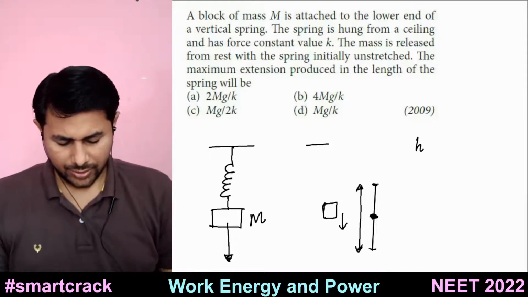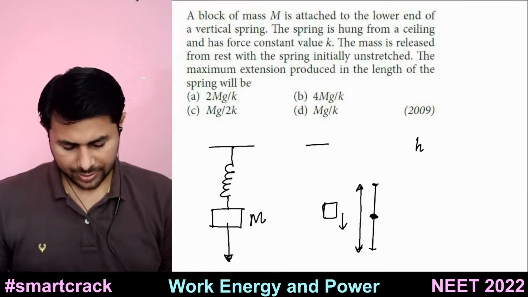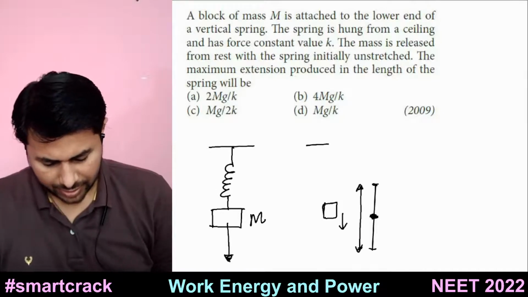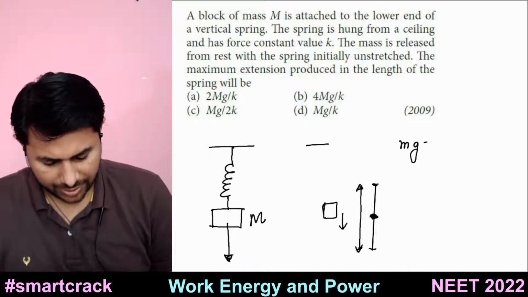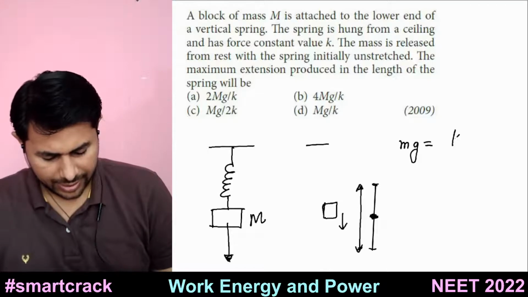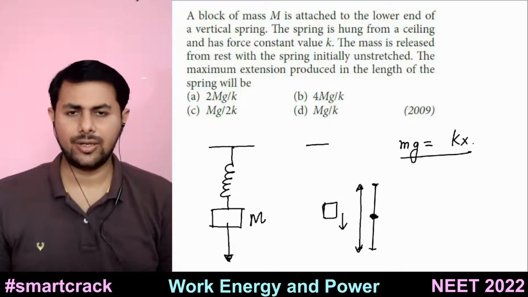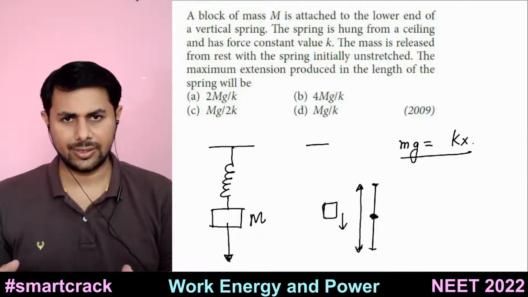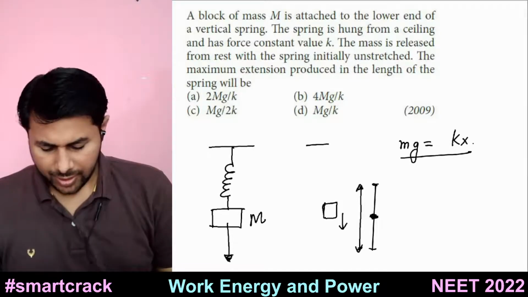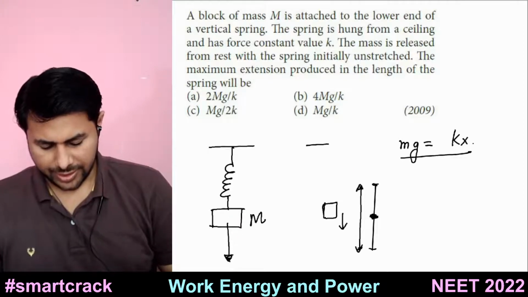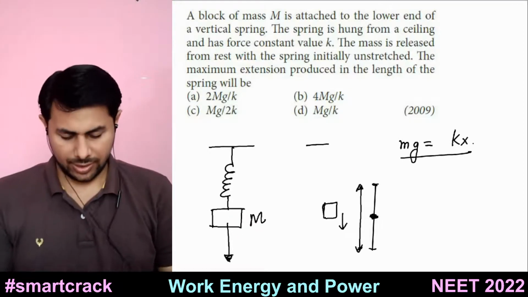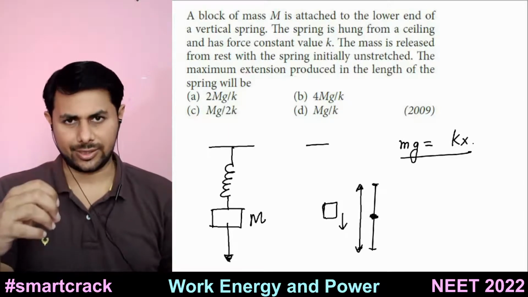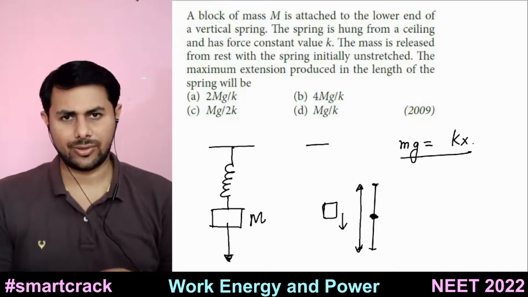It will get balanced at some length when mg is equal to K times x, the gravitational force and the spring force get balanced. But there will be some potential energy at this point. That total potential energy gets converted to spring energy. At that point, it will stop.